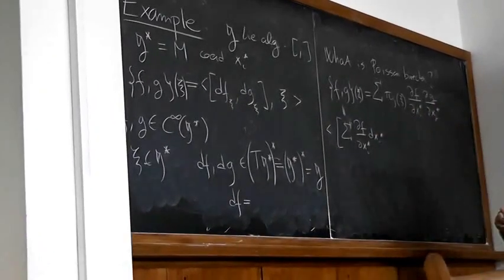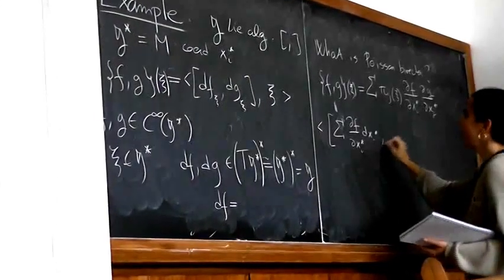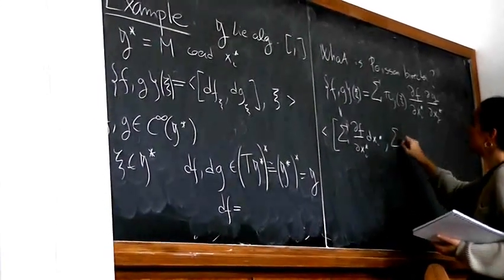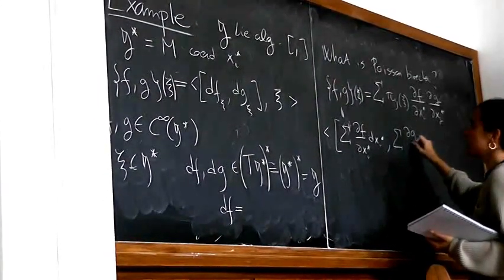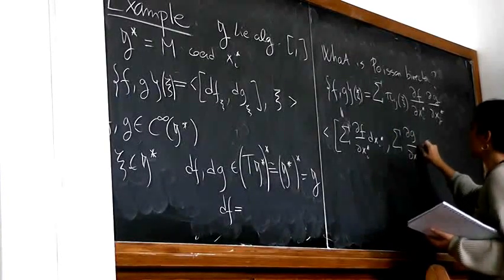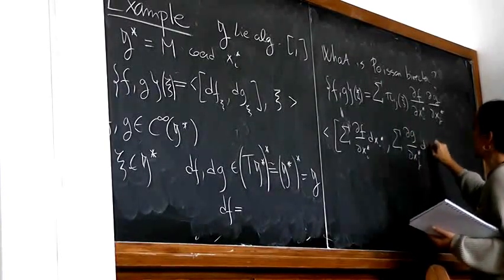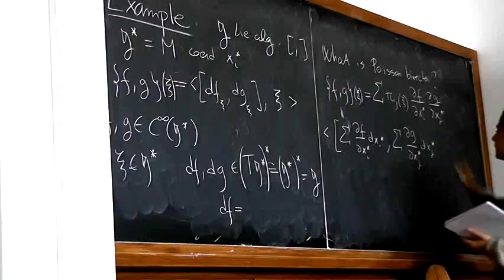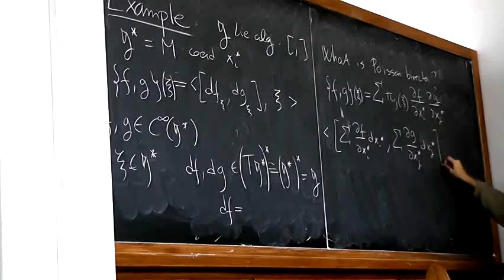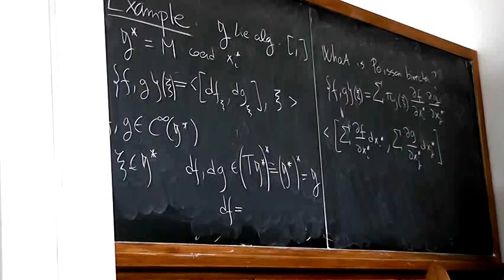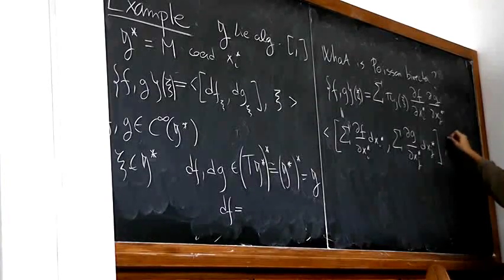Right, Stephen? Yes. This is what it is. I made a mistake. And then summation dg dxj star dxj star. Okay, so we do the pairing.